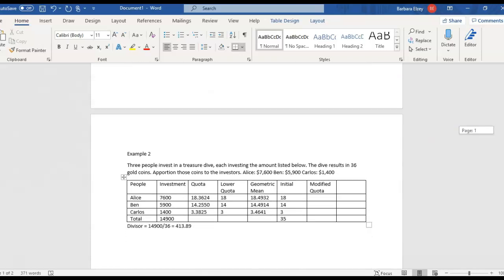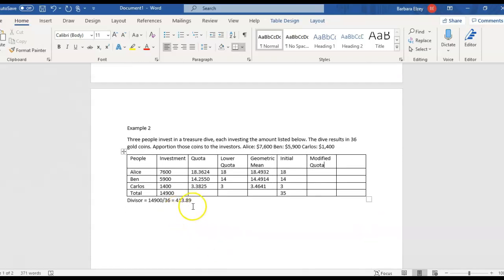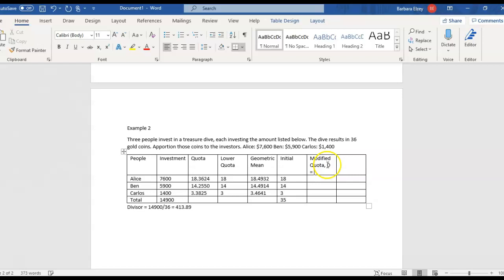So we are going to reduce the divisor. It was 413.89. So I'm going to use 410. That's less than 413.89. So D equals 410.